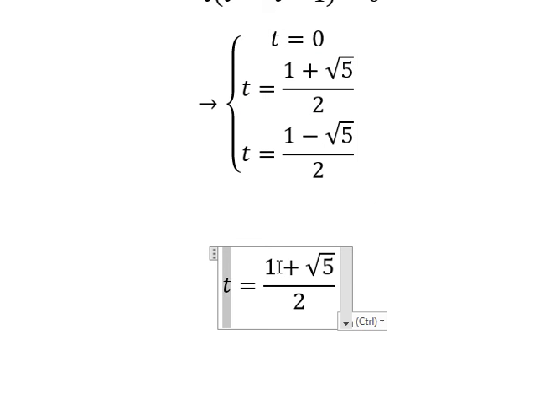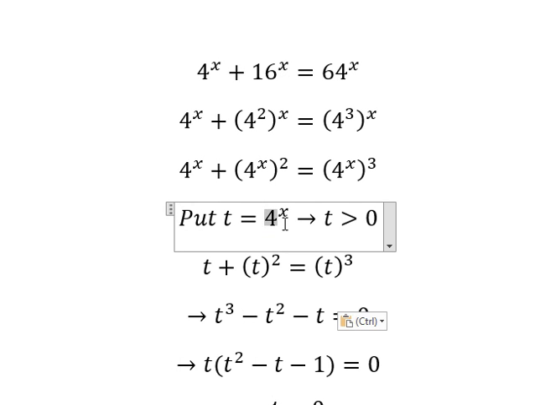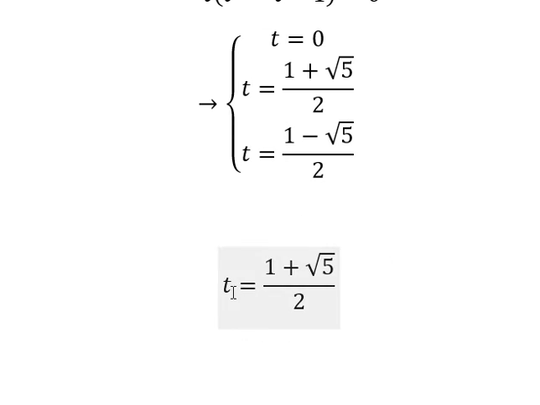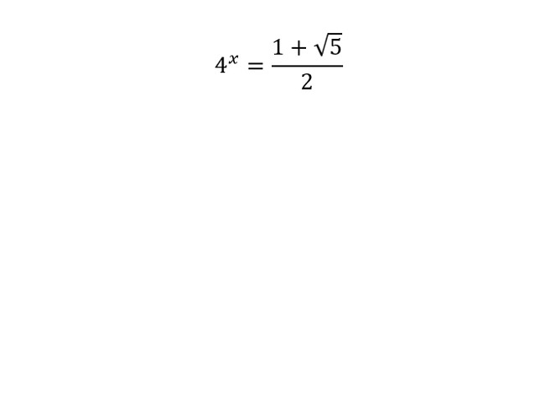And we know that t is 4 to the power of x. Next, we can use the natural log on both sides.